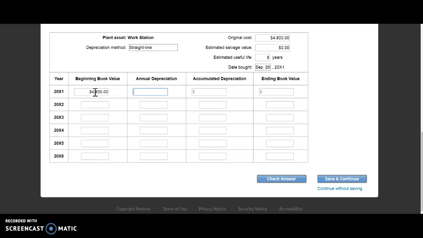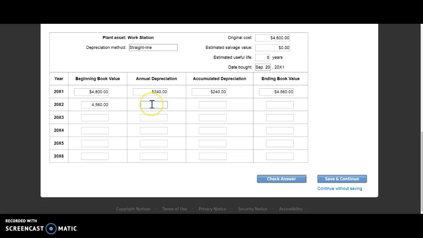So we're going to multiply 80 times 3 to get that year's depreciation of $240. Okay, our accumulated depreciation then is simply $240. And our ending book value is $4,560. Okay, again, that becomes our new beginning book value.